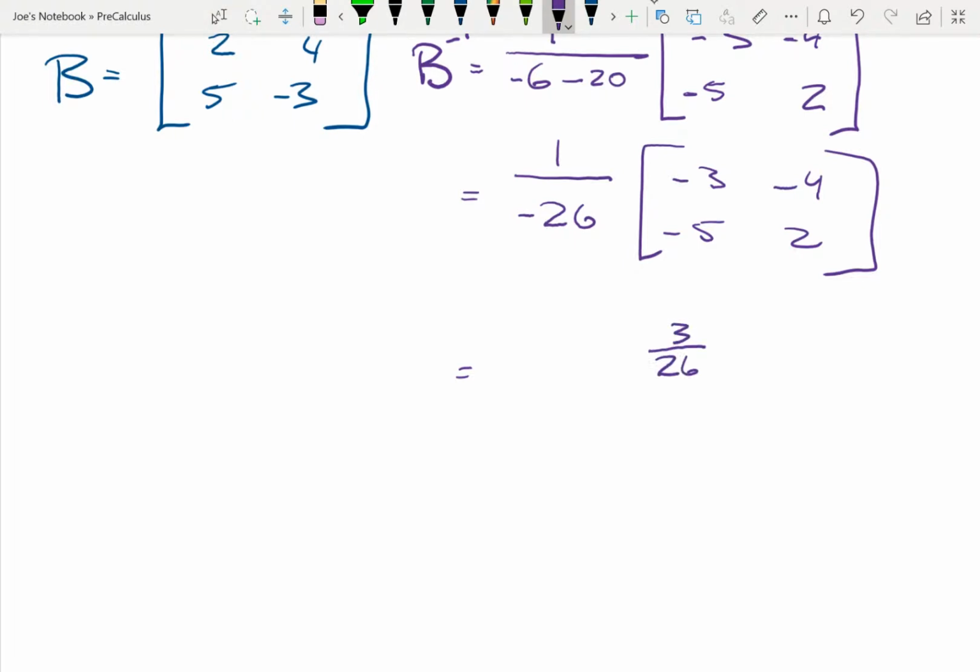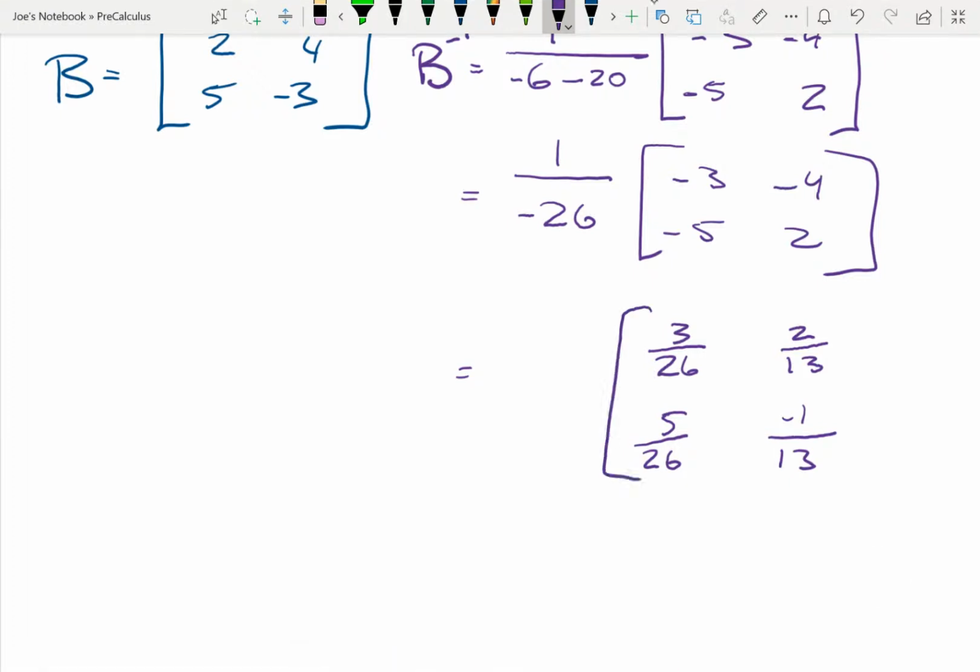They might say that is positive 2/13, because 4 and 26 have a common factor of 2. And I can keep going with this. 5 over 26, positive, and a negative, that would be -1 over -13. So that'd be a -1 over 13.